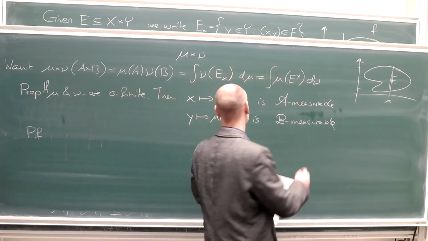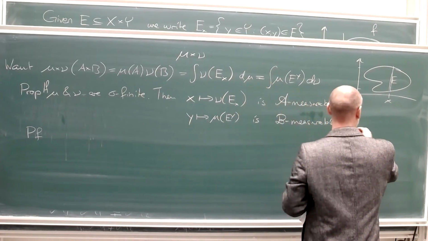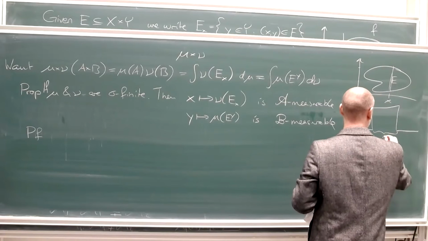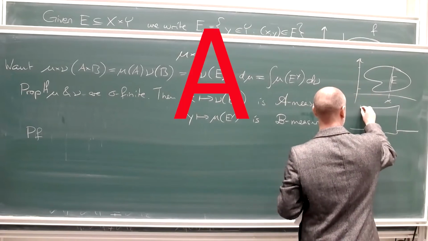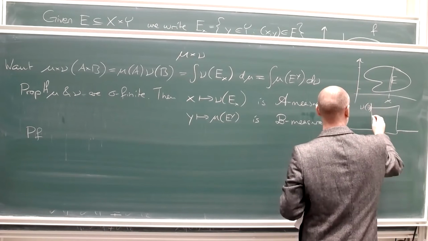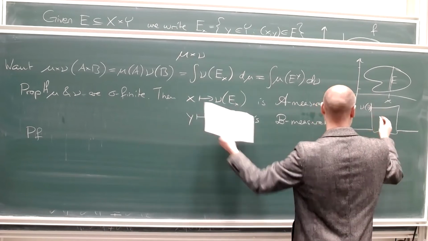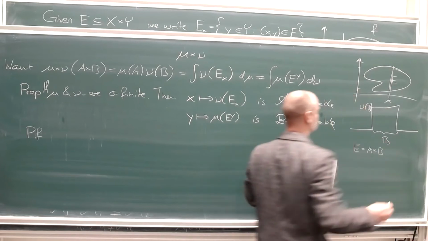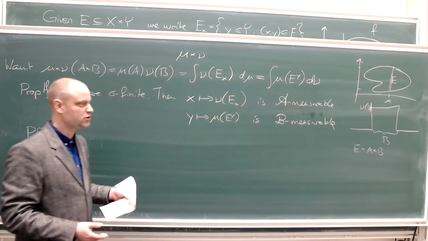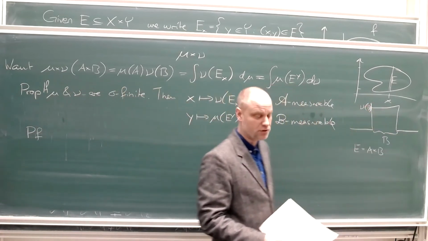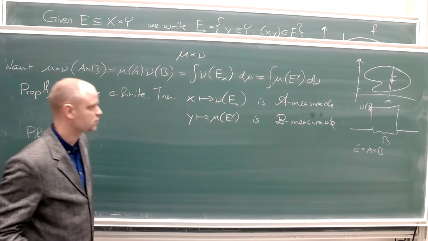So this guy here would be 0 up to something. So here's my set B, and here's nu of B. If I consider this function with E being equal to A times B, that is measurable because, you know, this is a simple function, and B is measurable.